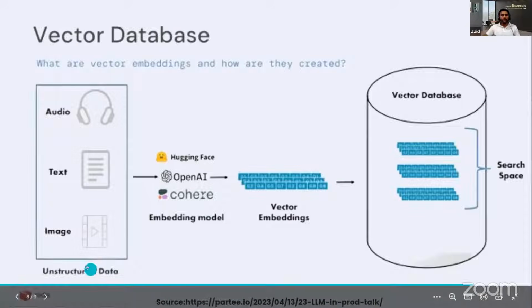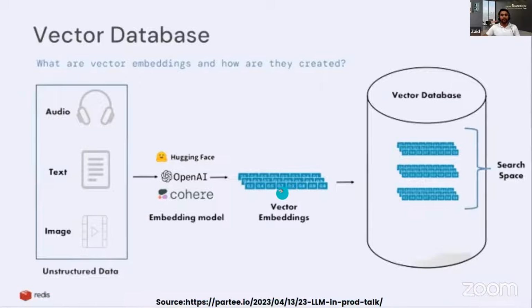Then we store those embeddings in the vector database. We apply cosine similarity search over here, which is just the angle between two vectors, which provides us the similar results and relevant info.